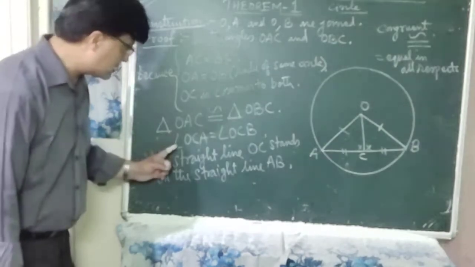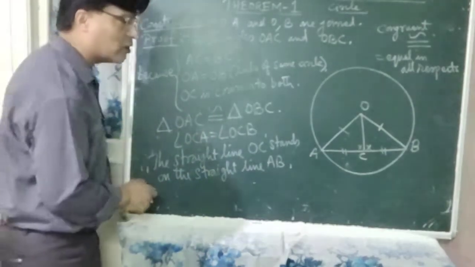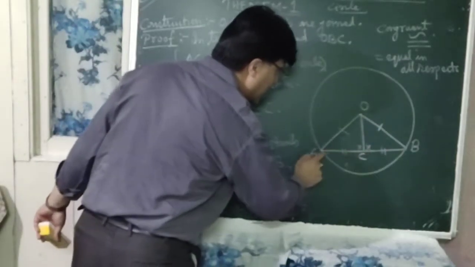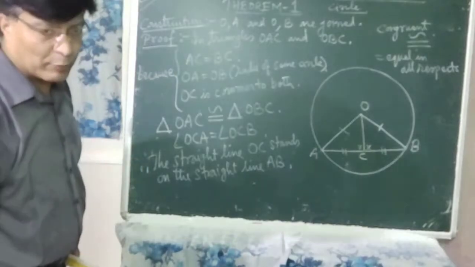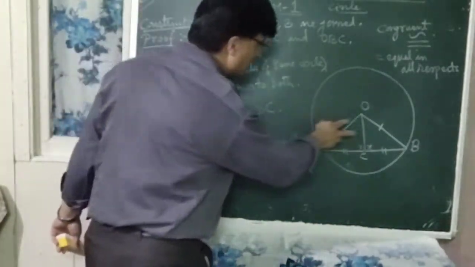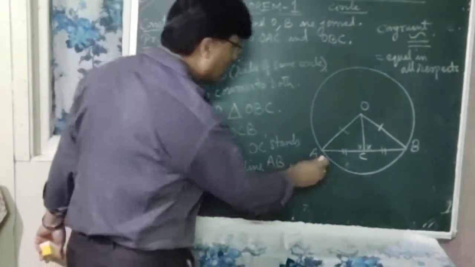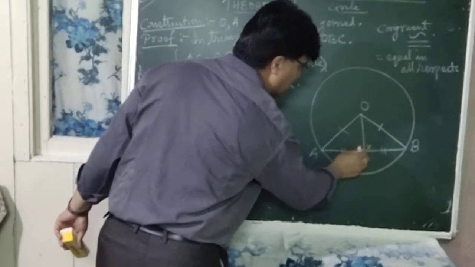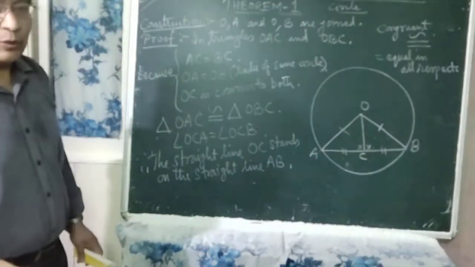Since we have proved that angle OCA is equal to angle OCB, what did we just prove? Angle OCA is equal to angle OCB. We proved that these two angles are equal. Again here we see this straight line OC stands on another straight line AB. And since these two angles are equal, how much should this be? If this is 90, how much should this be? 90.